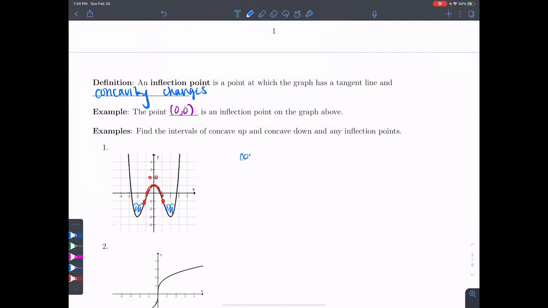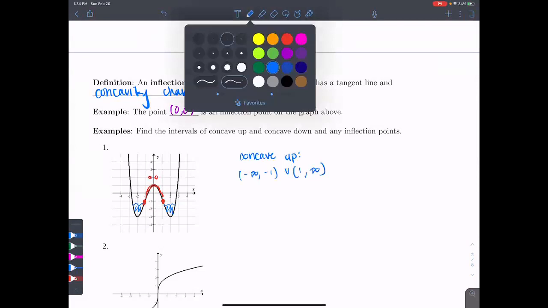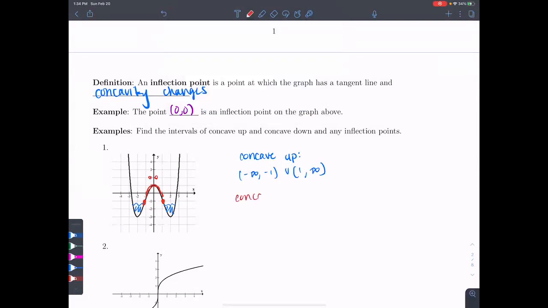So we have concave up from negative infinity up to, let's go with -1, and then we're going to union that with 1 to infinity. And this will be concave down like a frown in the middle, from -1 to 1.